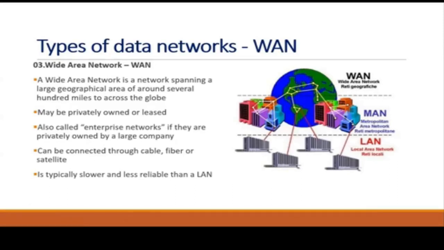A wide area network is a network spanning a large geographical area of around several hundred miles across the globe. If you see this image, it's very clear that a number of LANs get together and create a MAN, and a number of MANs get together and create a WAN. A WAN can be privately owned, or it can be leased from a service provider.